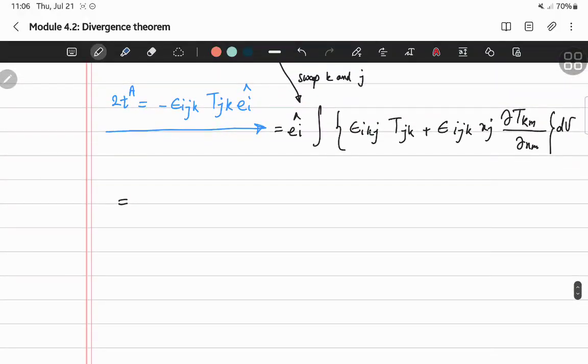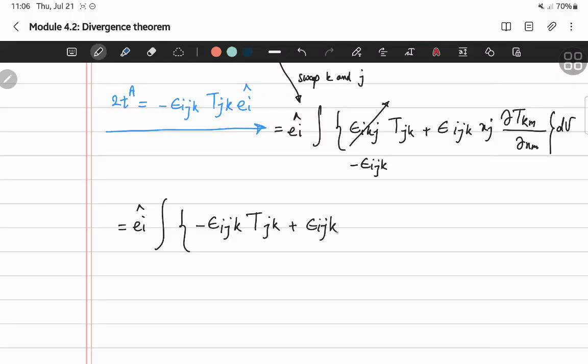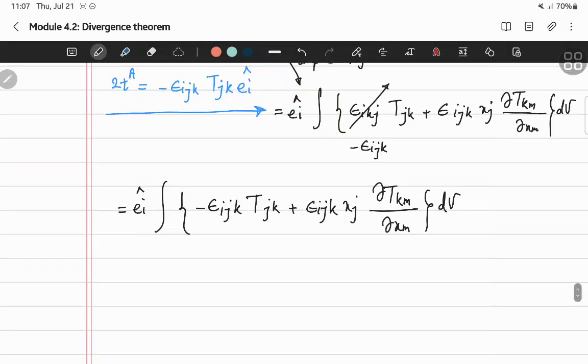So it is equal to minus epsilon ijk, basically. So we have ei, the integral. So we have minus epsilon ijk, then we have tjk plus epsilon ijk xj partial derivative of tkm with respect to xm dv.